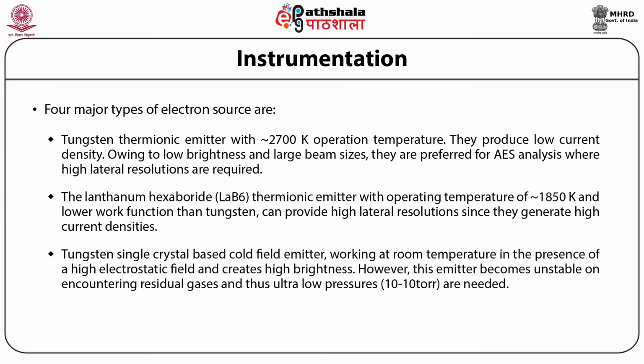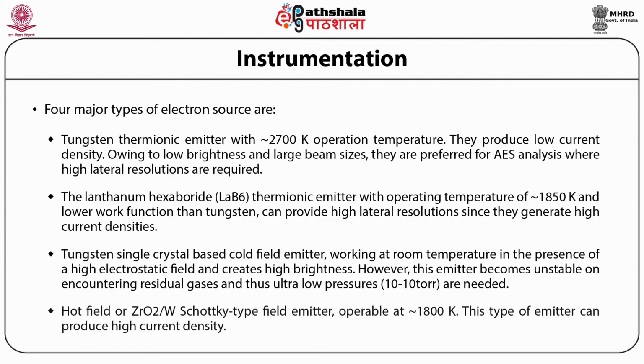However, this emitter becomes unstable on encountering residual gases, thus ultra-low pressure, that is 10 raised to minus 10 torr, is needed. Fourth, hot field or zirconium oxide or tungsten Schottky type field emitter operable at approximately 1800 Kelvin.